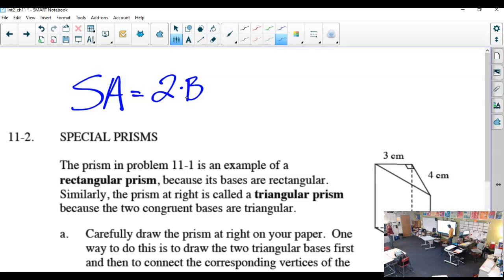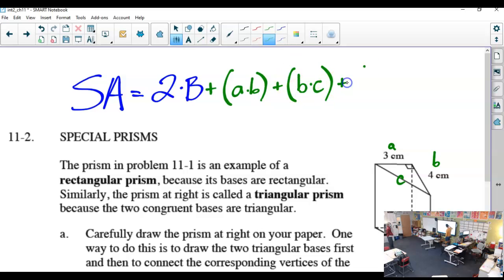So if I call these sides A, B, and C, conveniently lining up with the Pythagorean theorem, and we know that C is actually 5, we would then for surface area also add A times B, B times C, and A times C. Again, using each of them twice.